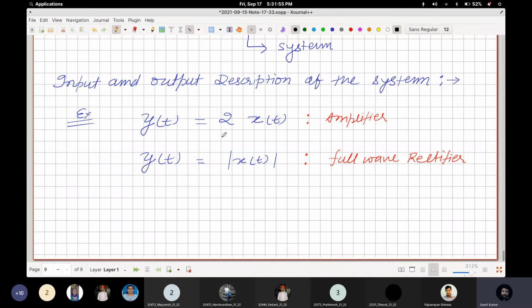A mechanical amplifier is also possible, in which, let's say, you give omega speed in one wheel, and 2 omega speed comes out in the other wheel, isn't it? So it's a kind of abstraction here. We are not going into individual systems, but we are just going to look at how input and output are related in that particular system.